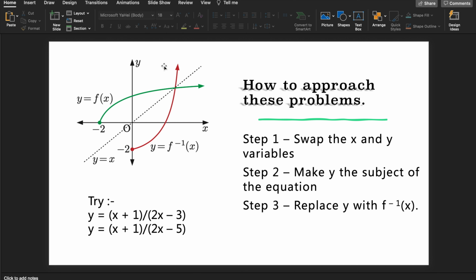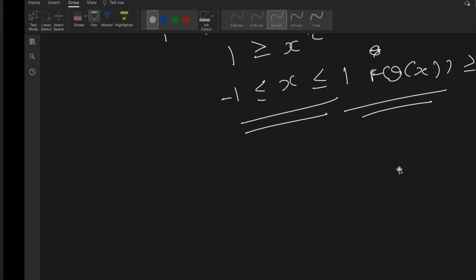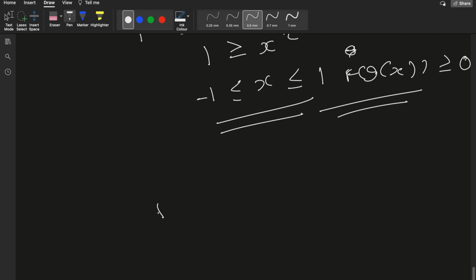So therefore you get this graph. So that is the inverse. And the next property: the domain of f of x becomes the range of f inverse of x. Oh yeah, this is how you denote an inverse function. It's f inverse.